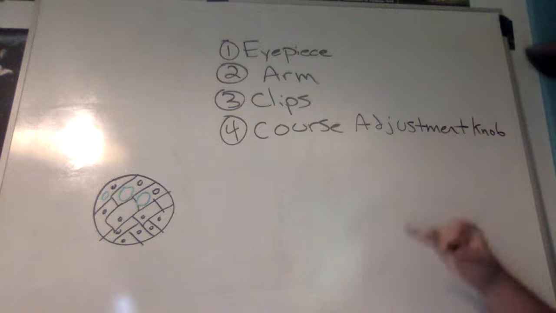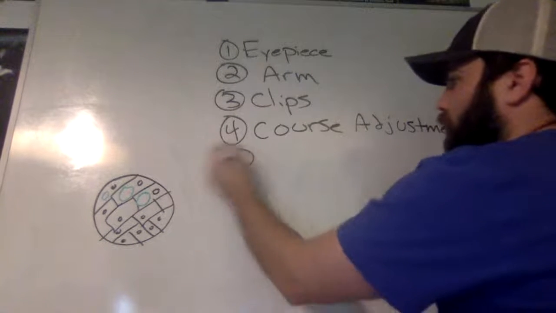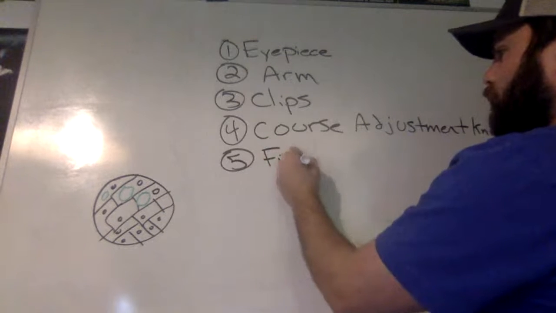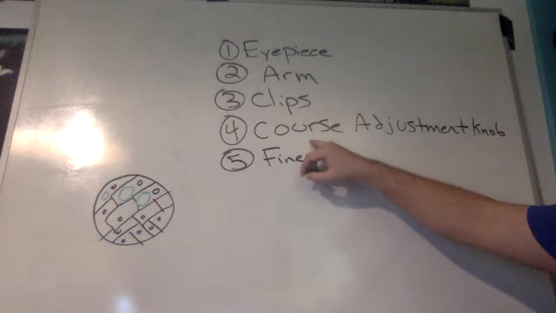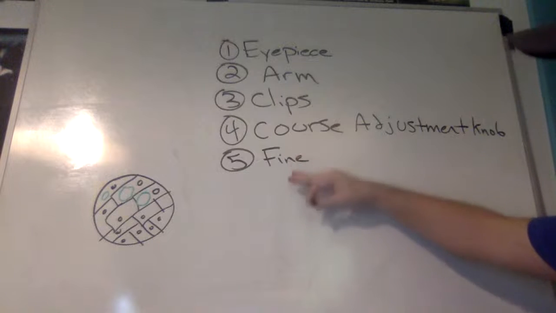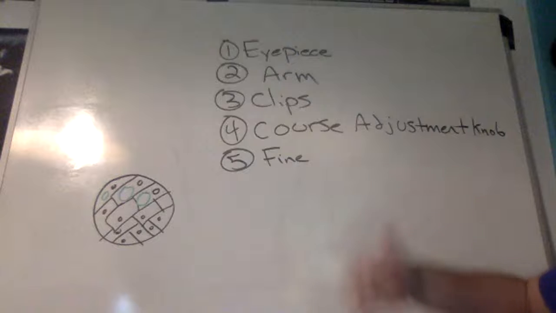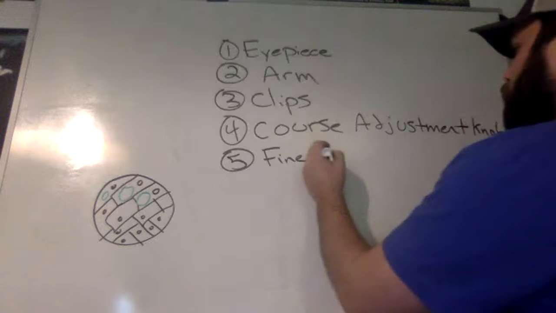Now the next one is the smaller adjustment knob. So that's going to be the fine adjustment knob, okay? The coarse one, that's the one that really moves the stage up and down, okay? And then the fine adjustment knob just fine tunes it so you can really see what you're looking at.